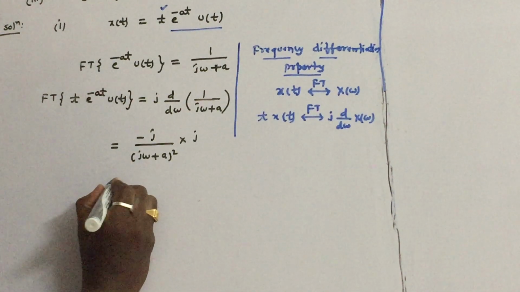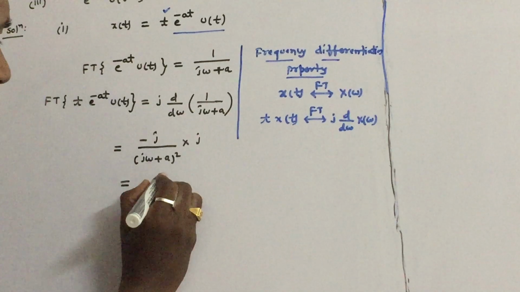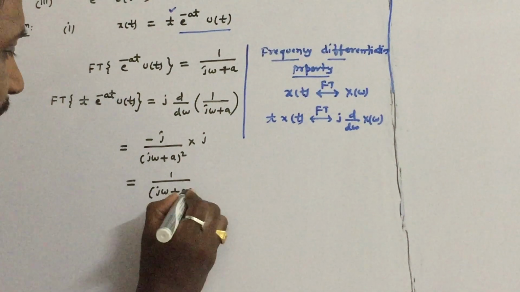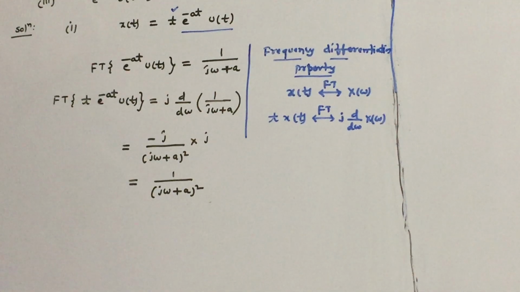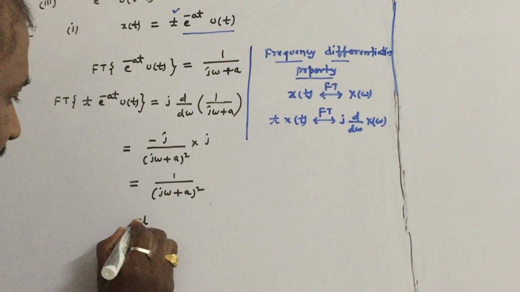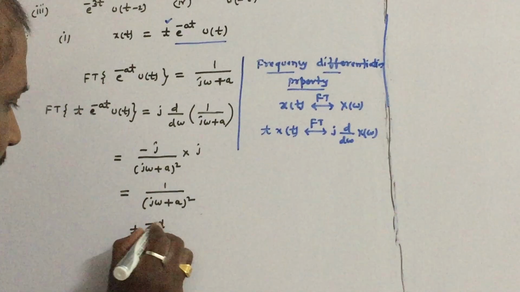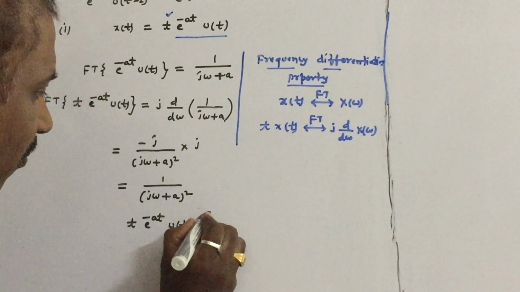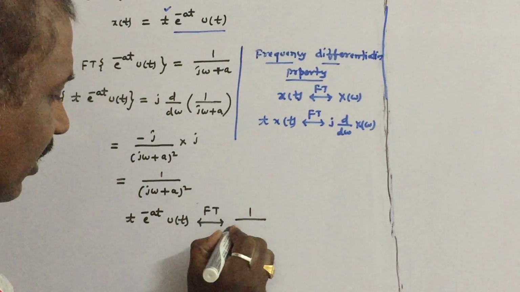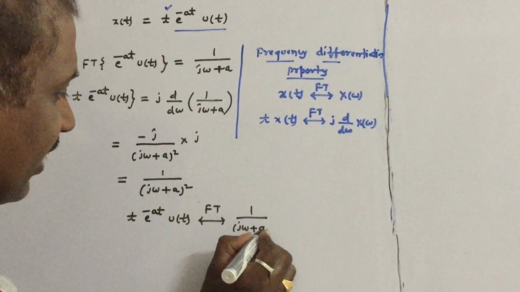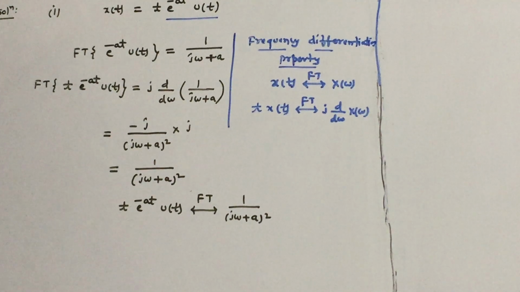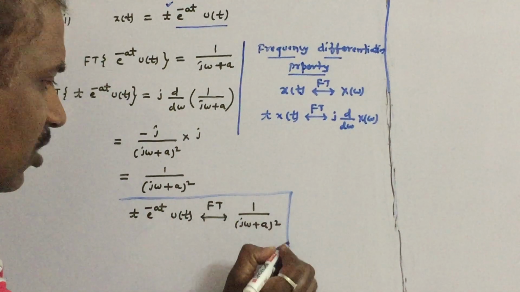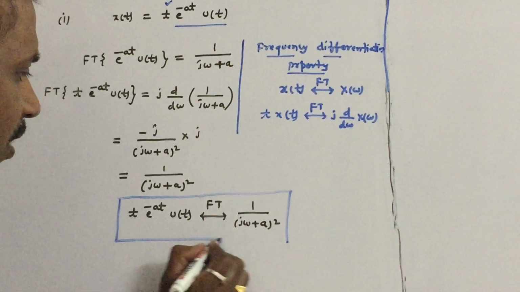So it comes out as j square, minus 1, and minus into minus becomes plus 1 by j omega plus a whole square. So again this is a standard Fourier transform: t into e power minus at into u of t has Fourier transform 1 by j omega plus a whole square. We use this in finding the inverse Fourier transform also. Remember this formula.